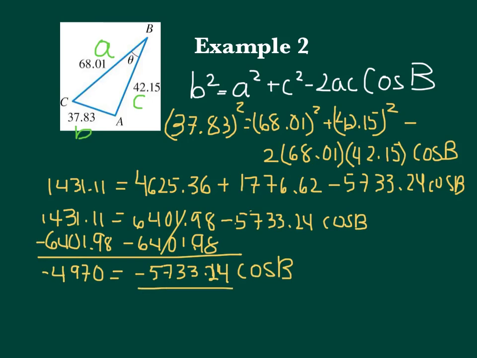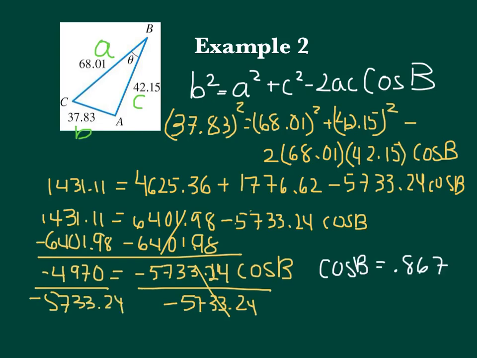And then my final step will be to divide by 5733.24, which will leave me with cosine of b all alone. I'm now left with cosine of b equaling 0.867.